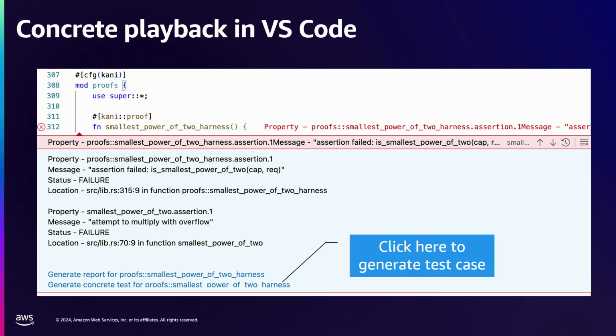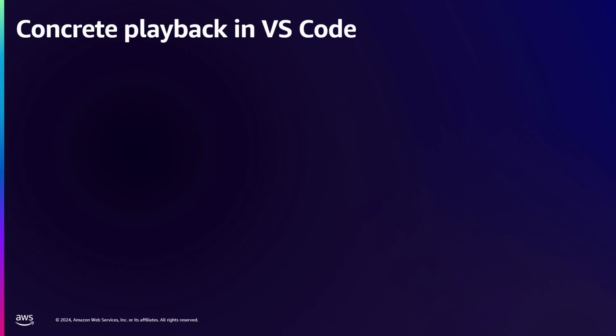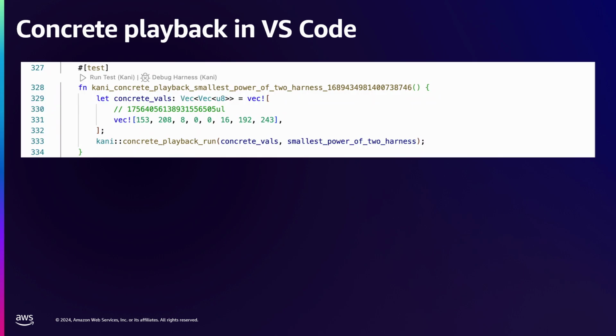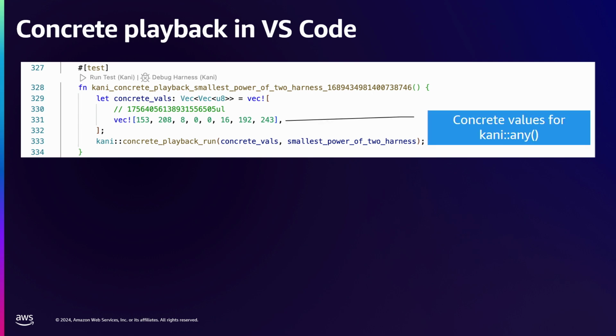So what you can do from there is click this button here, and ask the tool to provide you with concrete inputs that reveal the problem. So you start by looking at the counterexample. This is how a counterexample looks in Kani. It basically has this vector of values that specify concrete values for the non-deterministic inputs, the symbolic inputs, that actually reveal the bug.